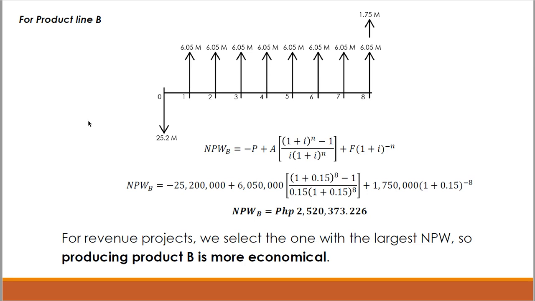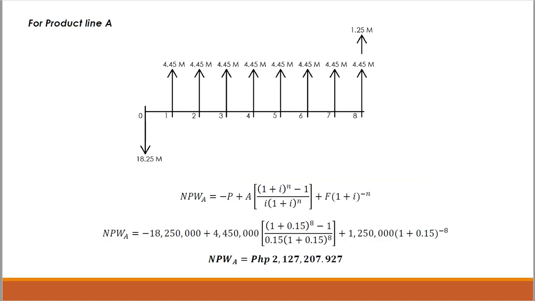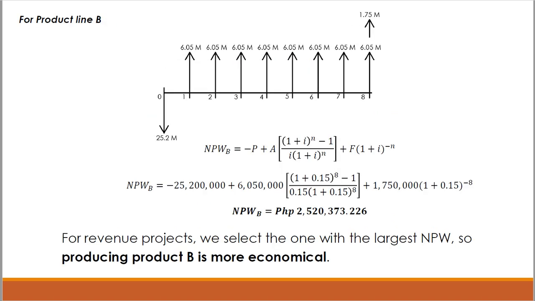So the net present worth for product line B is 2.52. For product line A, we have 2.127. So which? So again, for revenue projects, we're going to choose the product or project that would give us the largest revenue, which is product line B. Okay, that is product line B. Okay, so that's it.